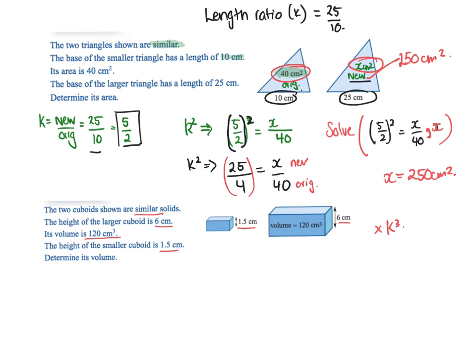We'll set it up like we did just above. I'm going to do similar sides. So I've got 6 centimeters over 1.5. I'm just going to erase that out. So that is the length ratio, that's K. So if K equals 6 over 1.5, K cubed will be that, to the power of 3. And that must equal the volume of the big one, which they gave me, over the volume of the small one, which I don't know.